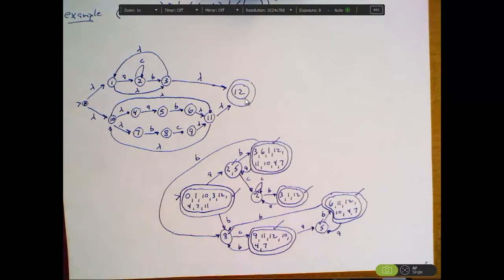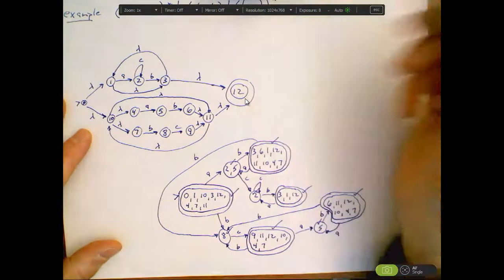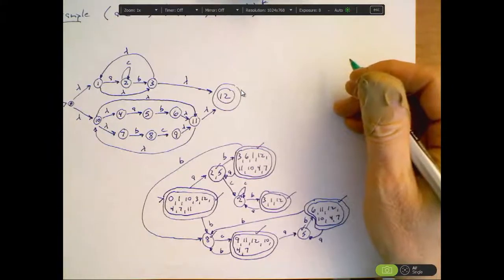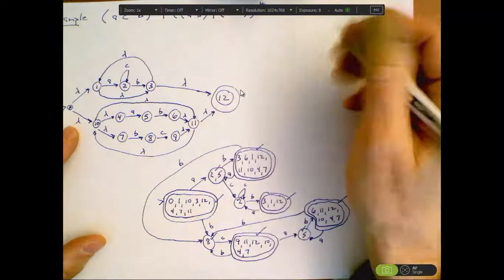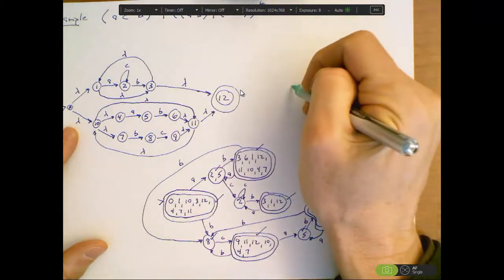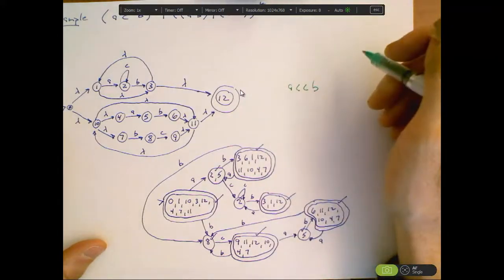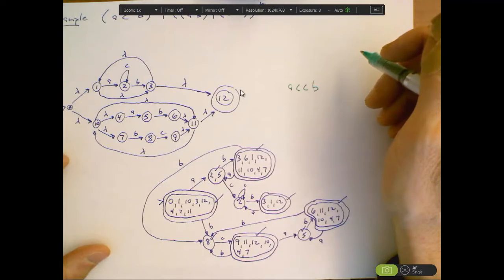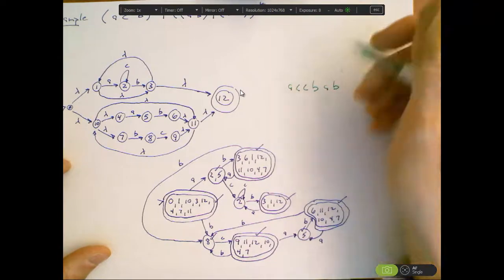So, in fact, that is a deterministic machine that's equivalent to the first one. And maybe we should just quickly process a string, and see what we think. So what's a string that's in the language described by this regular set? So let's do A, C, C, B, A, B. How about that?